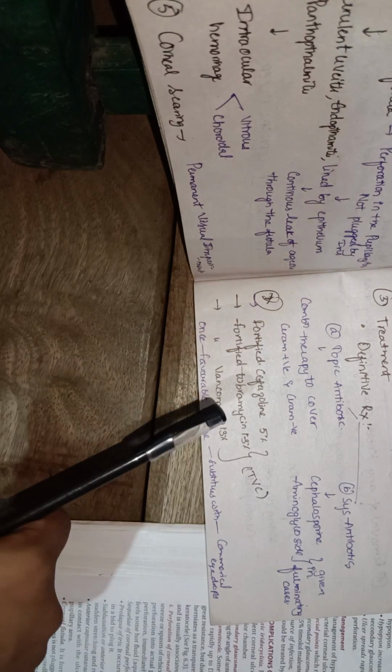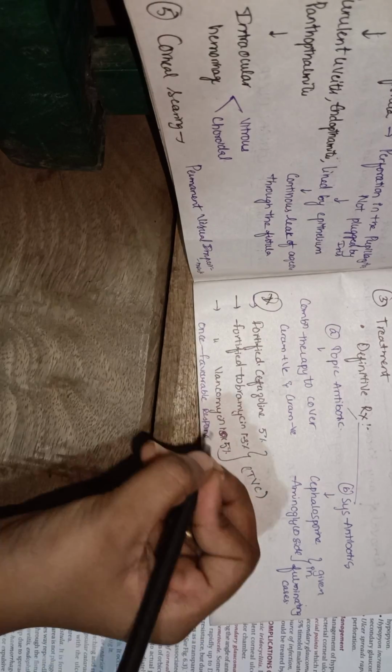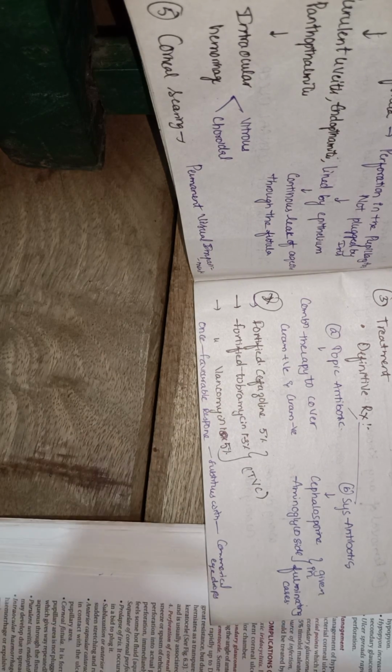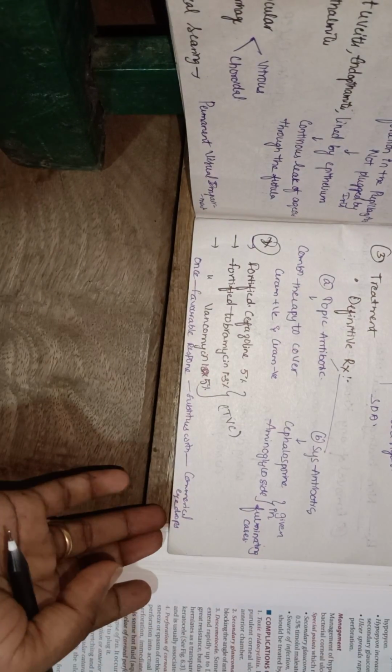Vancomycin is not 13%, it's 5%. You should remember fortified cefazolin, fortified tobramycin, fortified vancomycin. First, you should give the antibiotics.